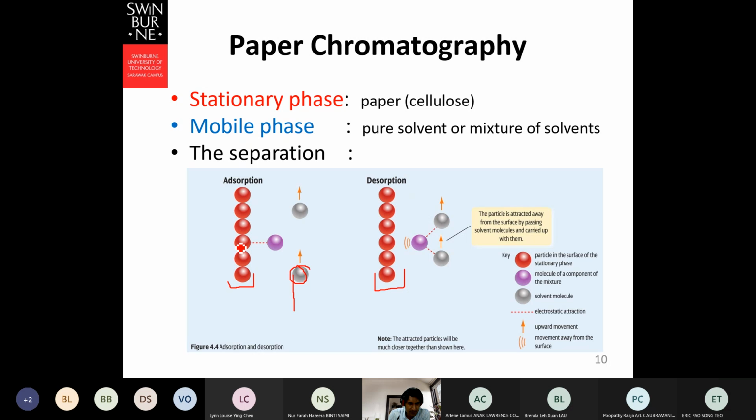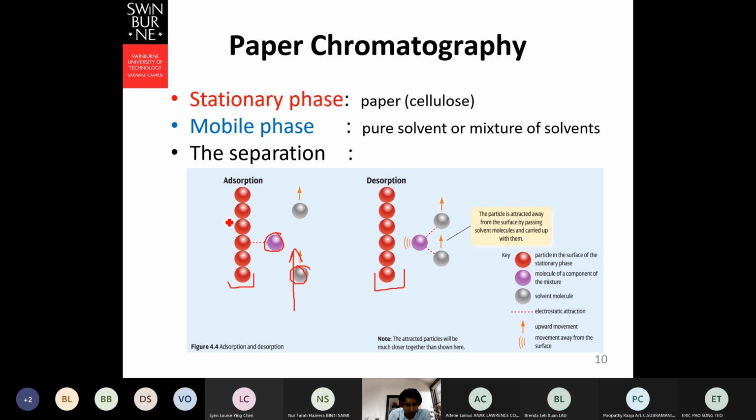Once the mobile phase is passing by, and there are some pigments that need to be separated, when it comes by, it comes along with these silver atoms. Let's say the mobile phase is the silver atoms. The red color is the stationary phase atoms.